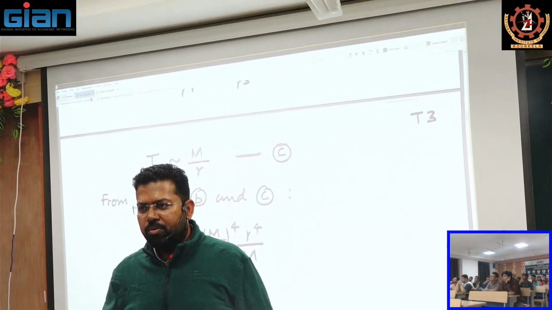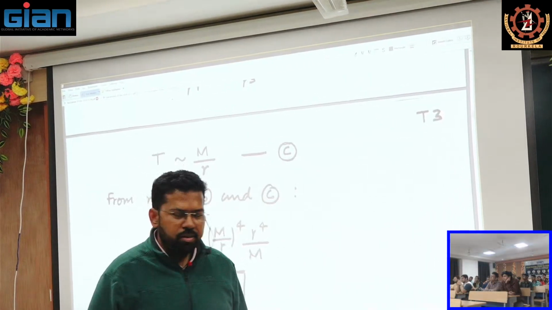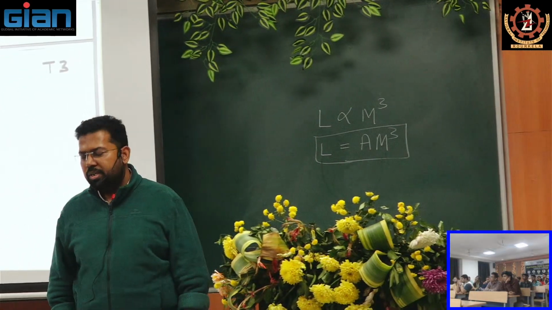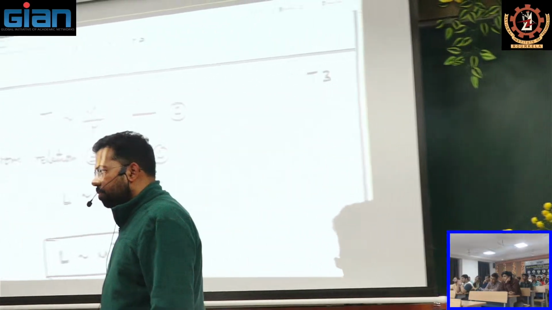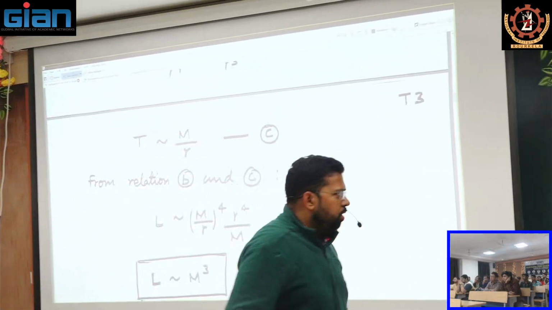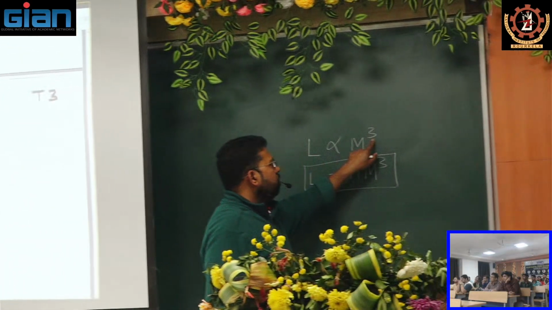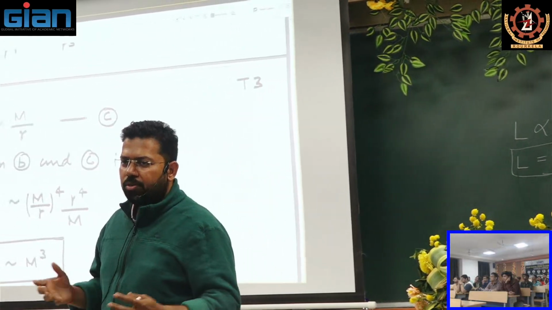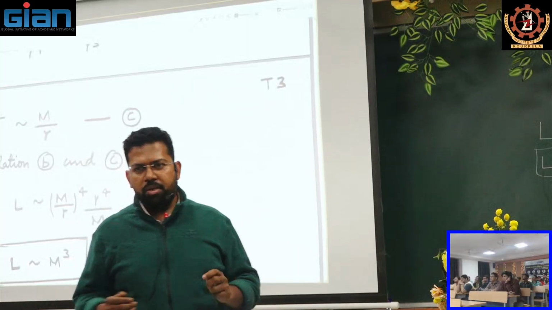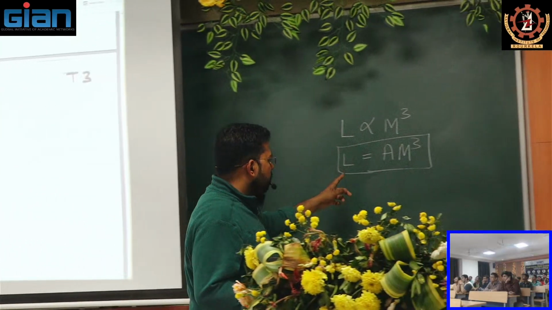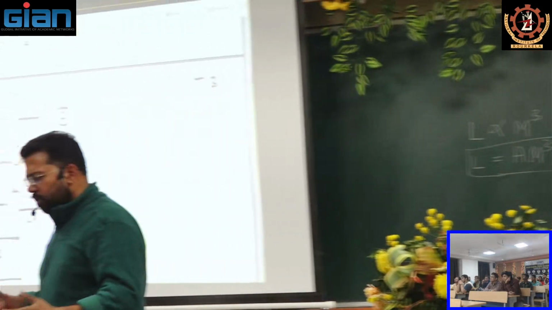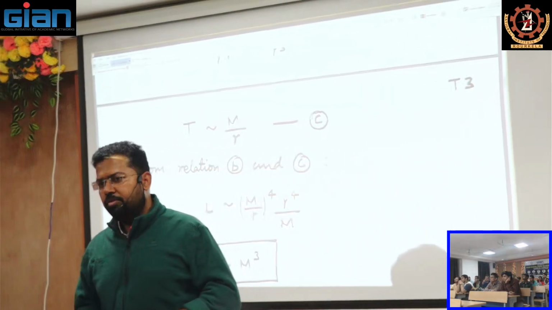This is more strictly valid close to the main sequence, and the value of this exponent 3 will differ. Sometimes it will become 2.7, sometimes 3.7 or 3.5, depending upon where you are. But this relation, L proportional to M cube, is mostly valid in the vicinity of the main sequence.